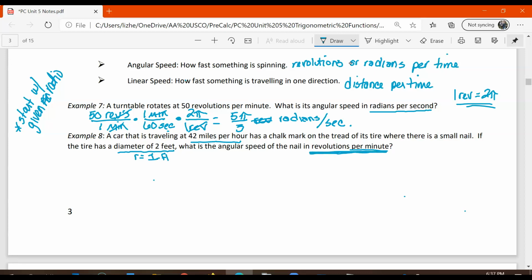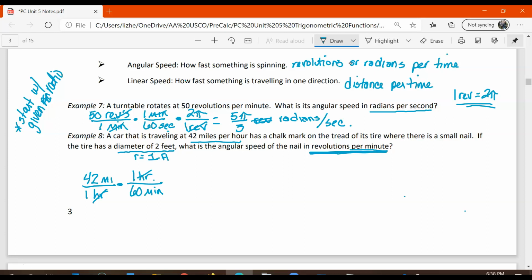All right, so I'm going to start with what they give me, 42 miles per 1 hour. I want to get to per minute, so let's take care of that first. 1 hour has 60 minutes. All right, so I'm per minute. And then I have my radius is 1 foot.